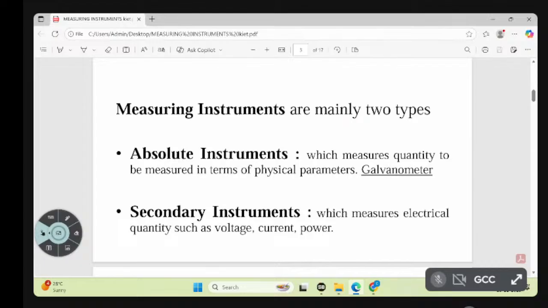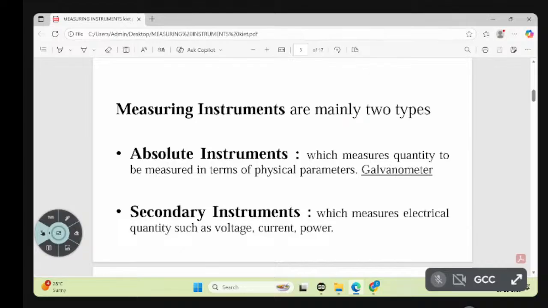So general voltage, current, power, energy, electrical parameters can be classified as secondary instruments. These secondary instruments are classified into 3 types: indicating, integrating, recording.